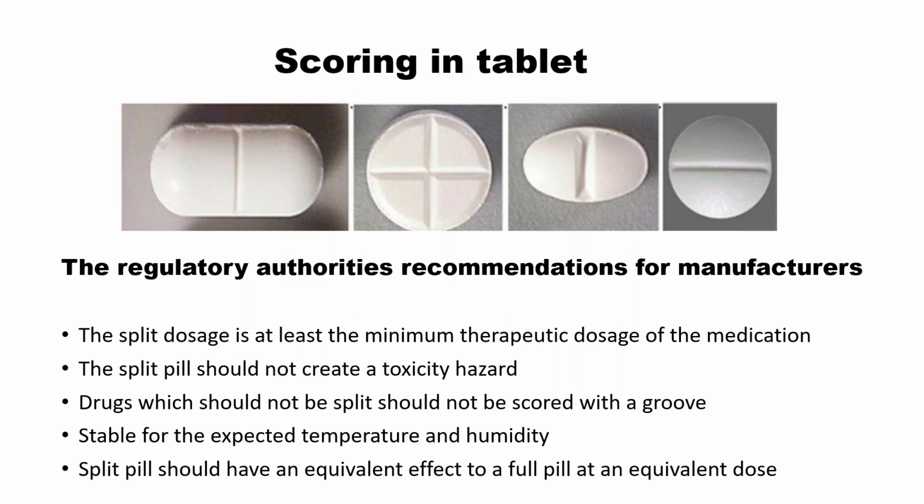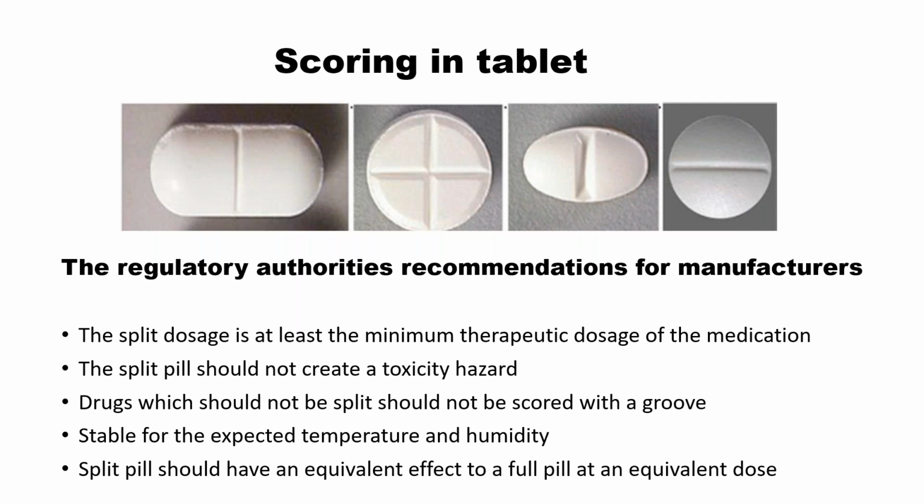So scoring in the tablets, as I already told, the regulatory authorities have certain recommendations for the manufacturers. The split dosage should be at least the minimum therapeutic dosage of the medication. The split pill should not create a toxicity hazard.